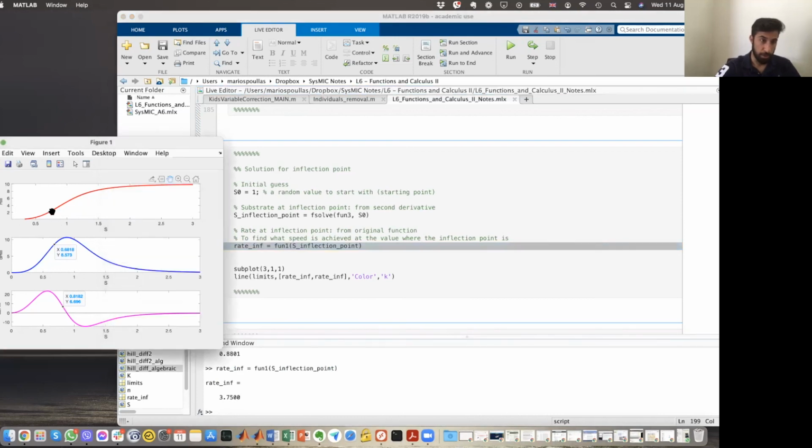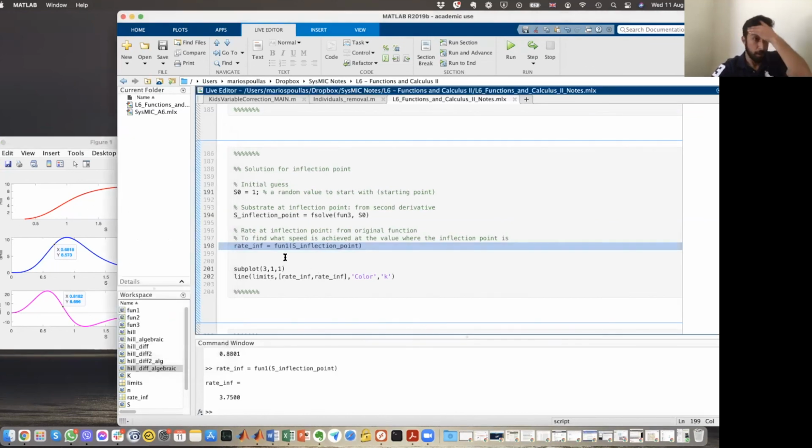So 3.75 is the rate, the speed at which the inflection point takes place, which is where the first phase goes to the second phase, the lower to the upper.